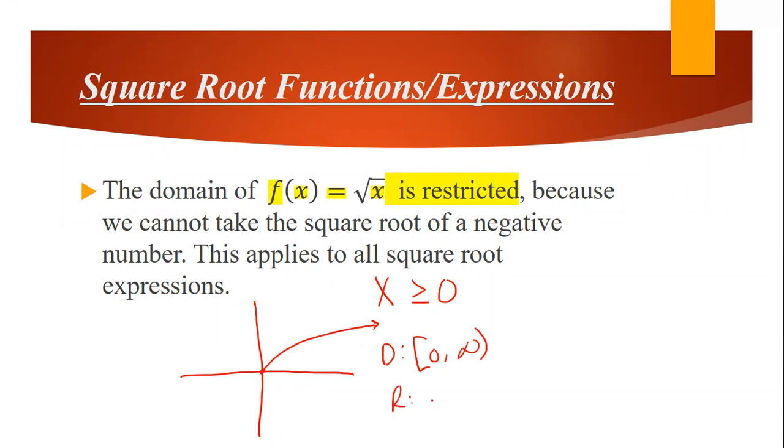The range here is from 0 to infinity. Okay, and so we're going to use this and keep this in mind as we navigate through the rest. Got it? Here we go.